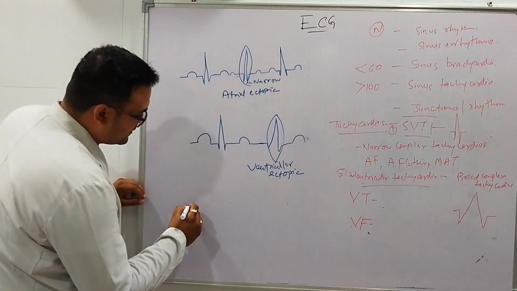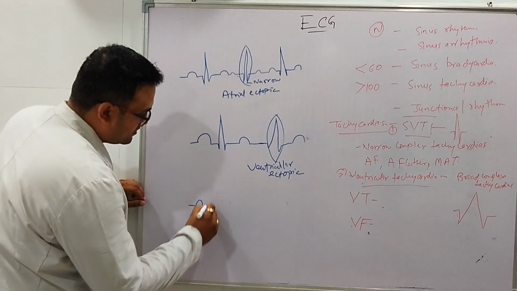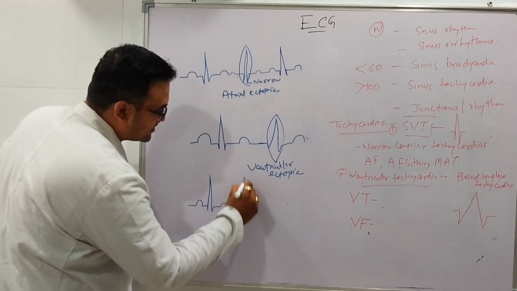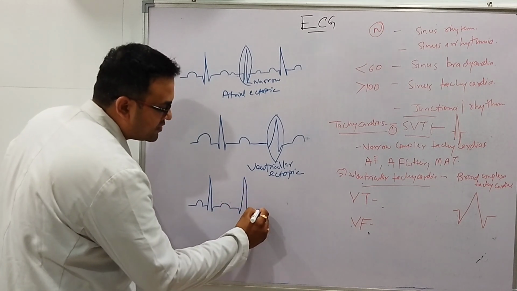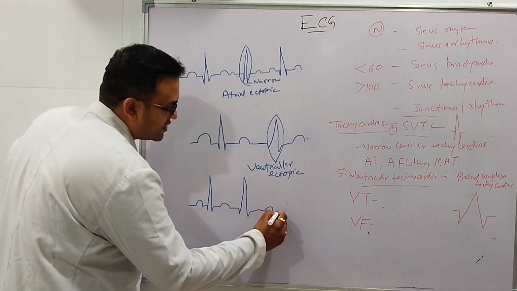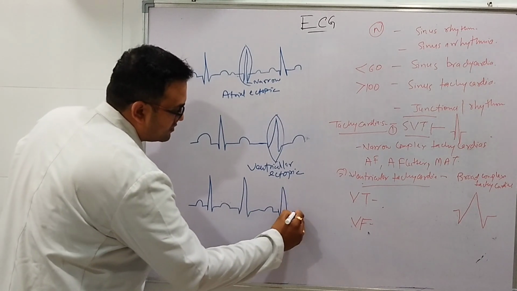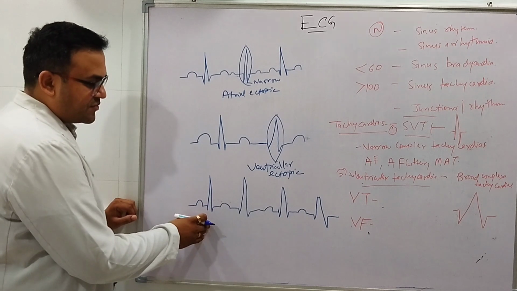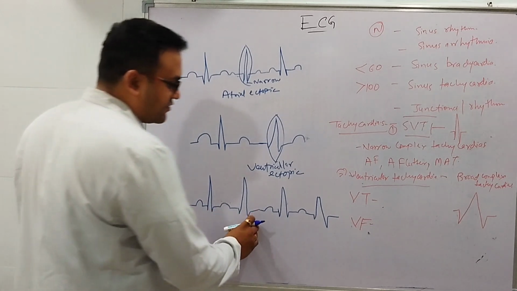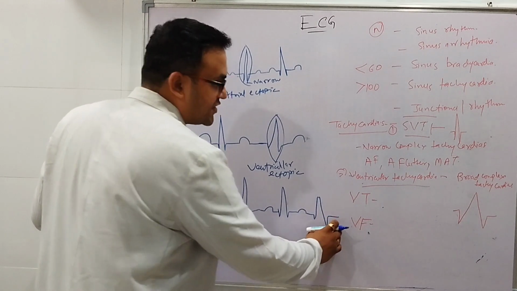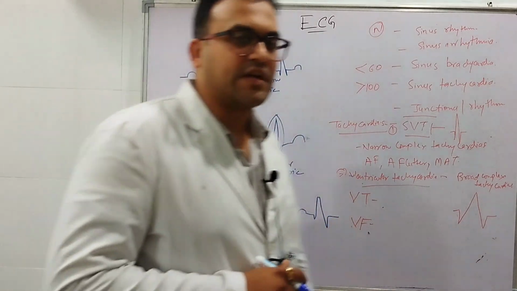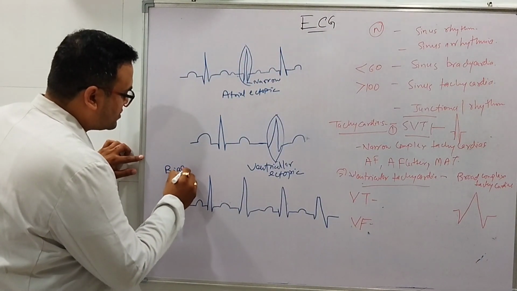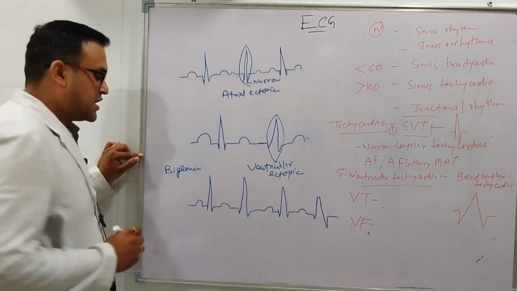Now if in an ECG we see one normal complex, then a ventricular extrasystole, a wide complex without P, and then again a normal ECG. Again this is happening regularly: one normal PQRST and then a ventricular extrasystole, then again PQRST, again a ventricular extrasystole, 1:1. This we call ventricular bigeminy.